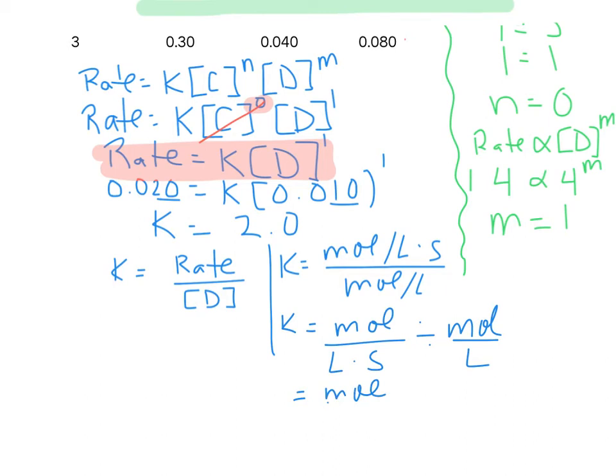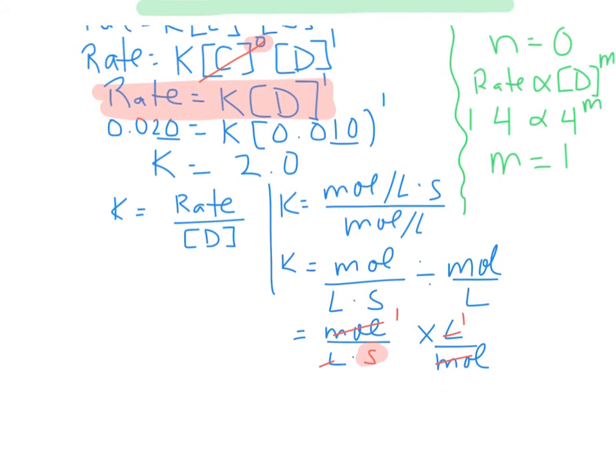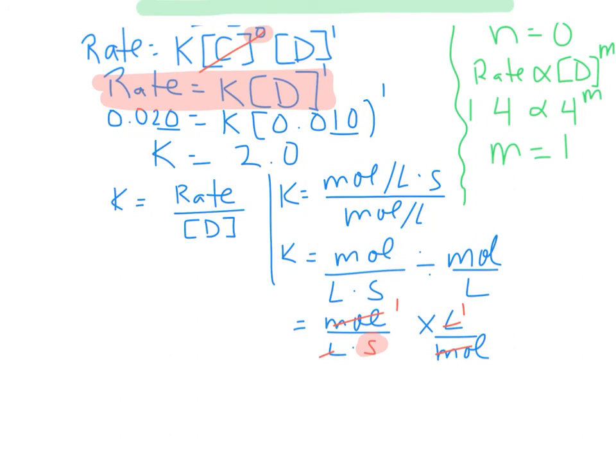So moles per liter per second times liters divided by moles. My moles cancel, my liters cancel, and I have seconds in my denominator, right? When I cancel out my moles and my liters, I'm left with a 1, which we can't forget. So what does that give me in terms of units?